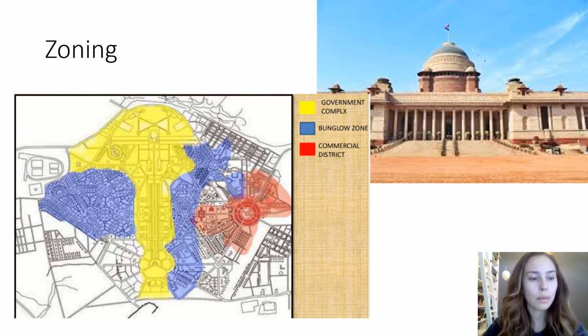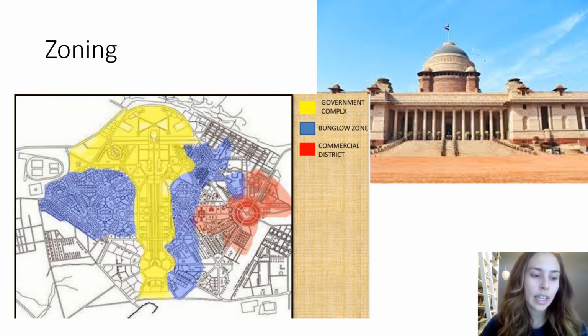The government complex and administrative area: within that, Luton laid out the central administrative area of the city, and in the center of that was Rashtrapati Bhawan, which connects to India Gate, while Janpath, which crosses it at a right angle, connects to the south end of Connaught Place.